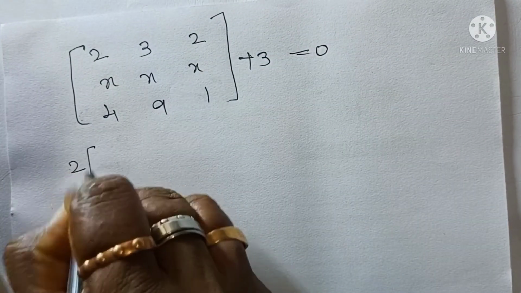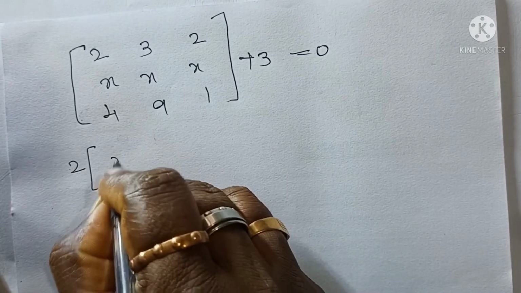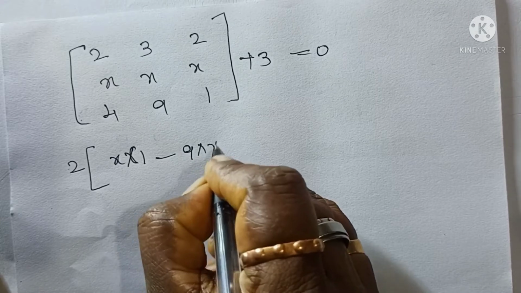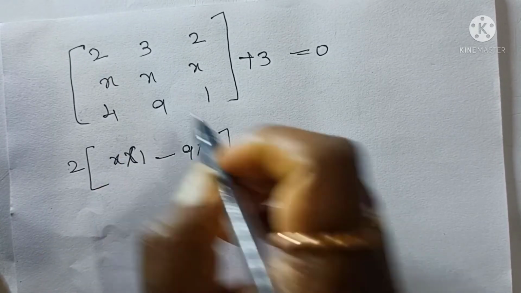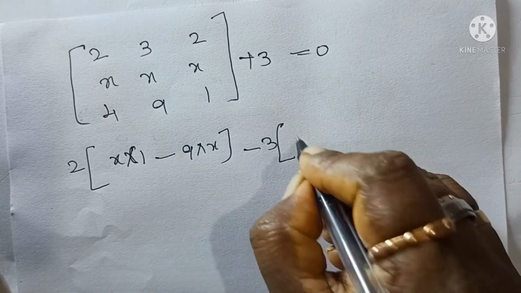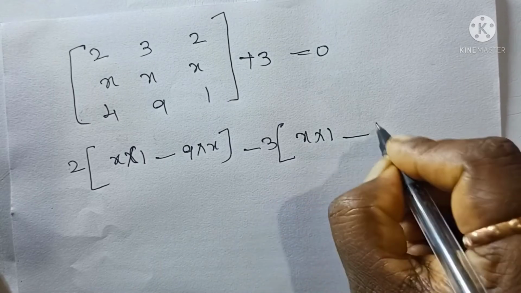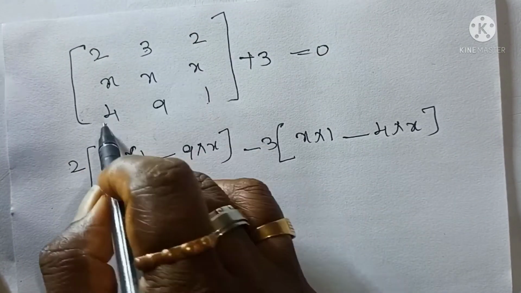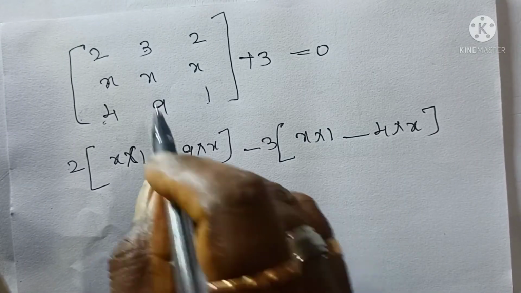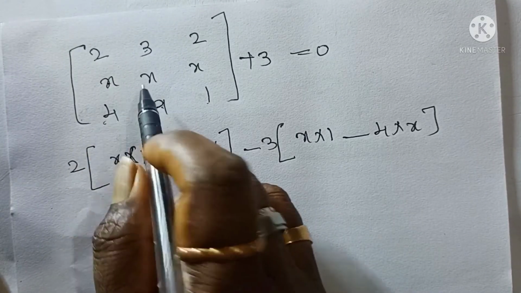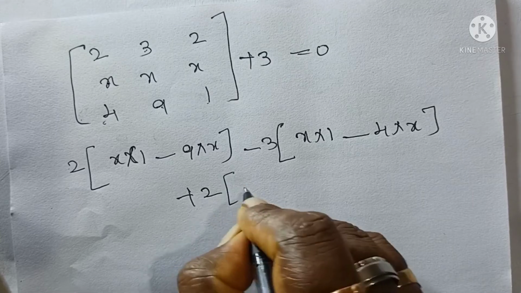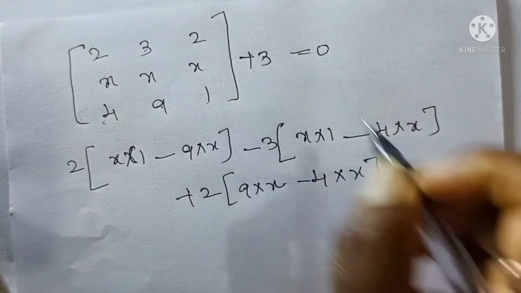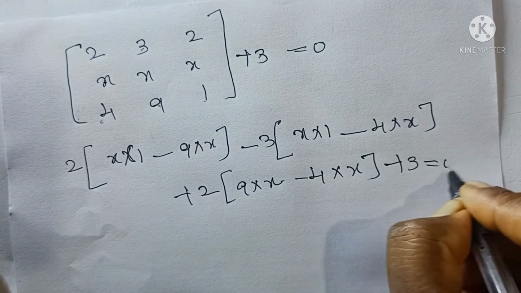2 into x into 1 minus 9 into x, then minus 3 into x into 1 minus 4 into x, then plus 2 into 9 into x minus 4 into x. Plus 3 you have to write, don't forget to write.